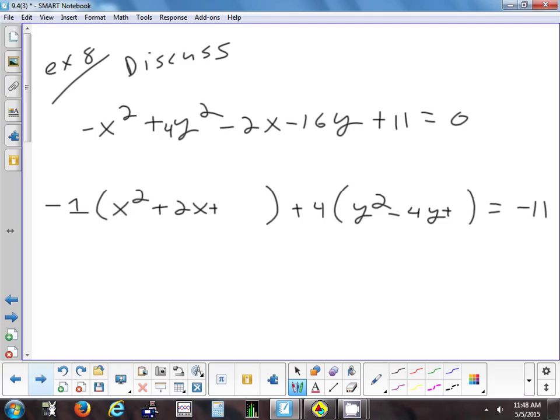Take half the middle term and square it. Yep, take half of the coefficient of the middle term and square it. So half of that is 1. 1 squared is 1. All right, so Cody, you want to try again for the second one? Yeah, that one would be 4. 4, yep. Half of that is negative 2. Square it, you get 4.